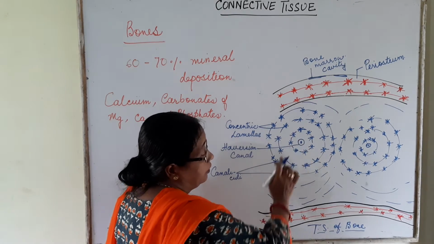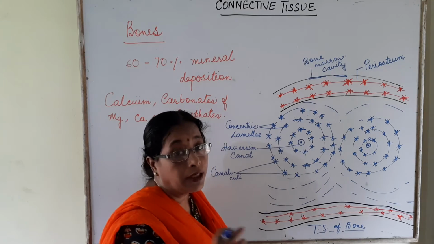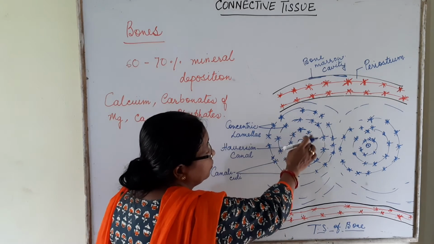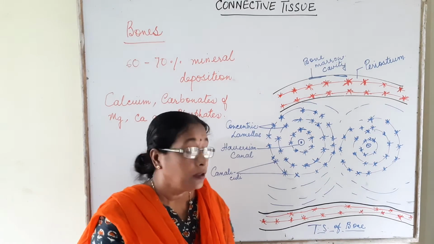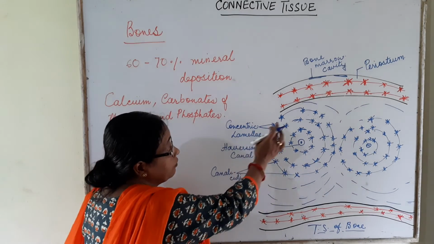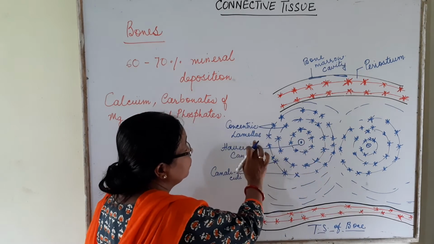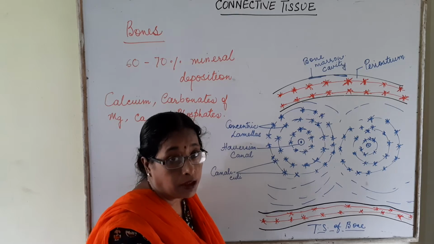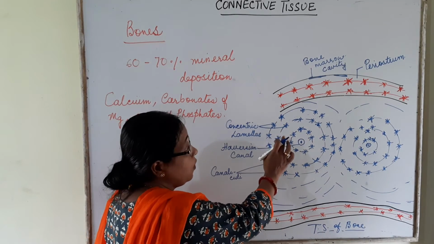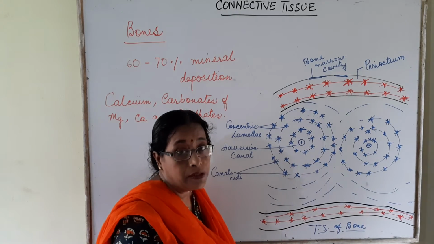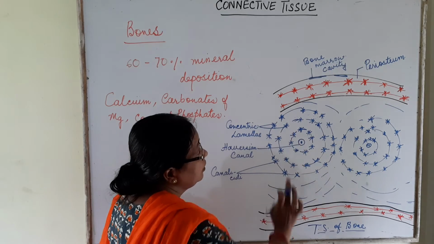This Haversian canal is the nutrient-filled canal which gives nutrients to the cells of the bones. You can see the concentric ring-like structures, known as concentric lamellae. On these concentric lamellae, the osteocytes are present, surrounding the nutrient-filled Haversian canal.